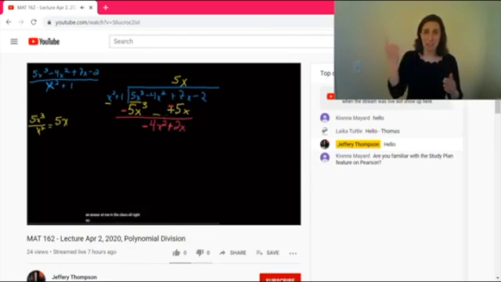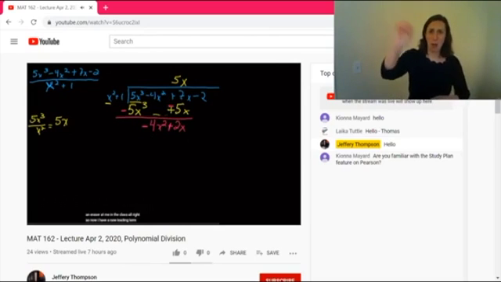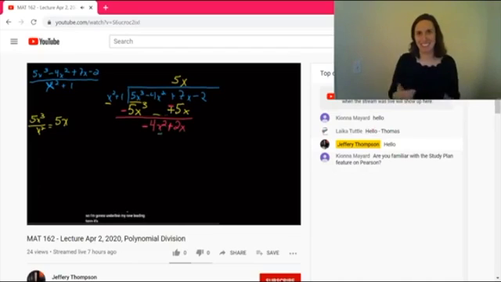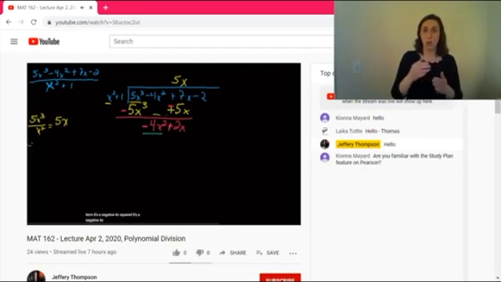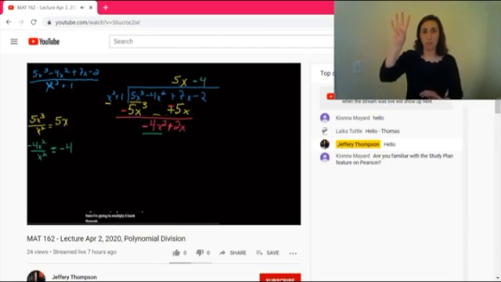All right, so now I have a new leading term. So I'm going to underline my new leading term. It's negative 4x squared. So negative 4x squared divided by the leading term of this, which is x squared. The x squares cancel, and I get negative 4. So my negative 4 comes up here, and I'm going to multiply it back through.